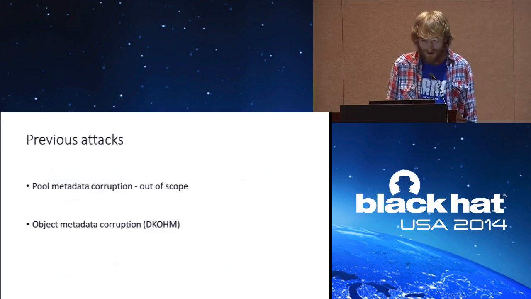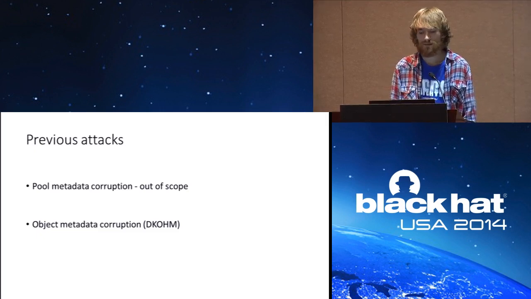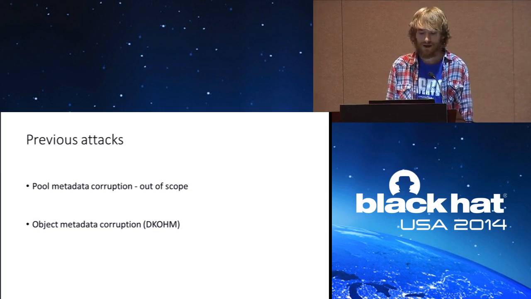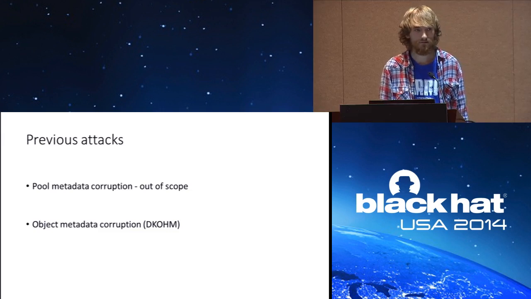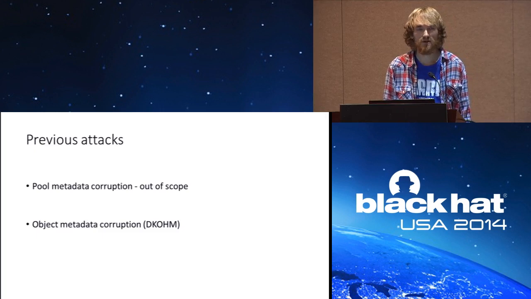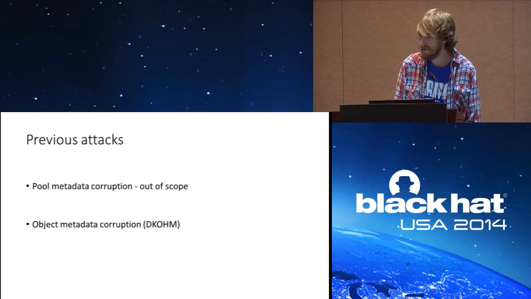So as I already said, talking about attacks and exploiting pool overflows, there are 2 ways. It's corrupting pool metadata and corrupting not pool metadata, for example, object metadata. And talking about pool metadata corruption, there are a lot of techniques, mostly discovered by Tarjei.